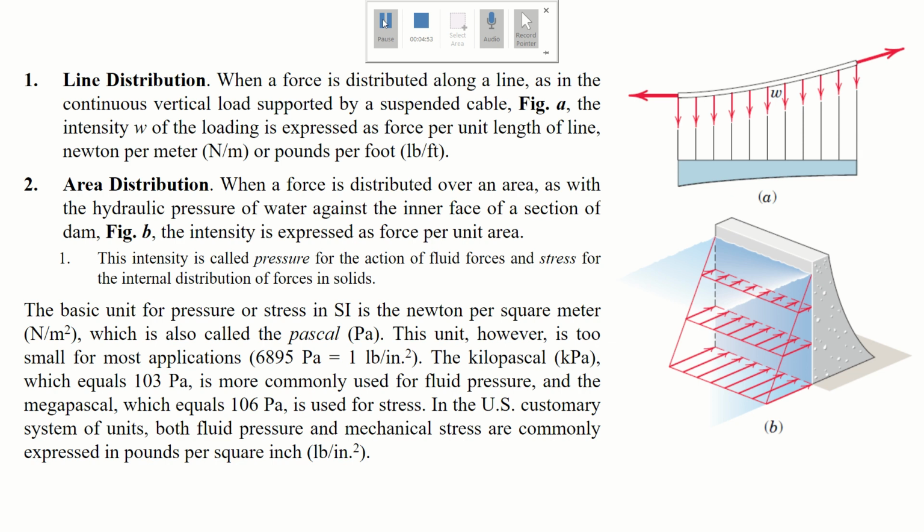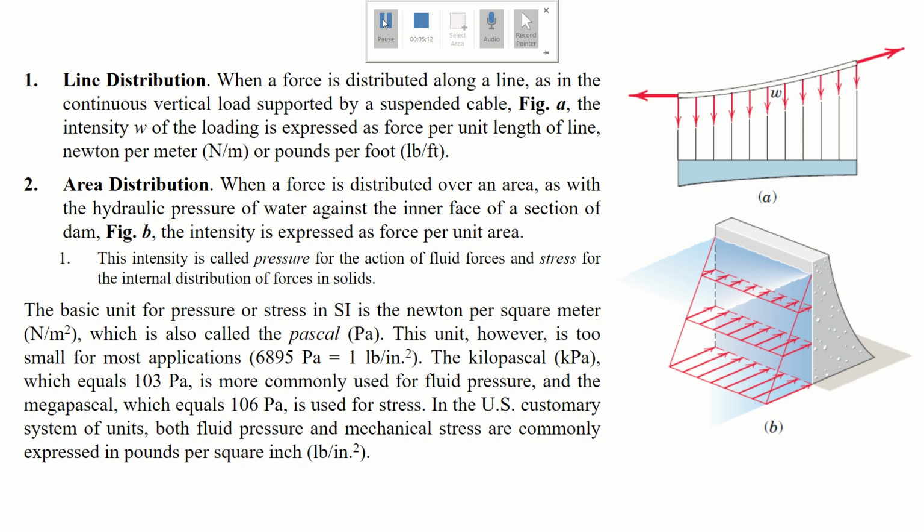The intensity is called pressure. It applies to the action of fluid forces and the stress of the internal distribution of the forces in solids. You have the basic knowledge of Pascal's law. However, in kilopascals, you are familiar with the pressure, force per unit area, in pounds per square inch.